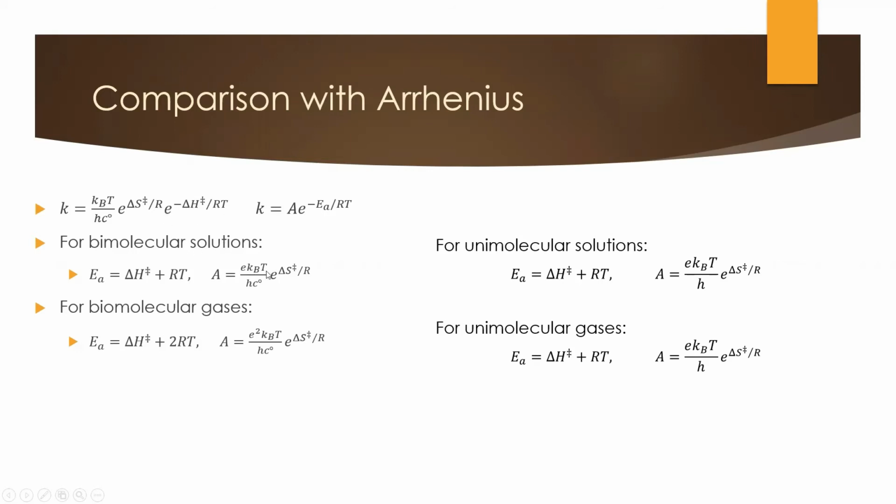We have E KBT over H C naught times E to the delta S of the transition state over R. Again, not temperature independent, so we can see there's a temperature dependence here. And then the activation energy is simply equal to delta H plus RT, the energy that's required to overcome the activation barrier. And again, I'm not going to go into this in too much detail, but just to show you that modern theory is a little bit more accurate than the Arrhenius rate law, but still bears a lot of resemblance to the Arrhenius rate law.